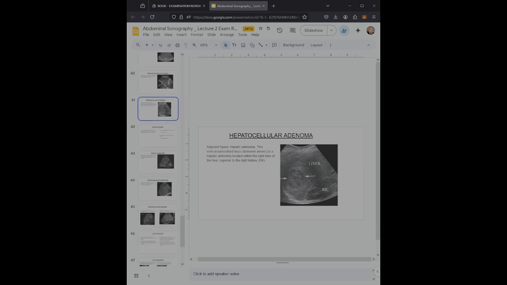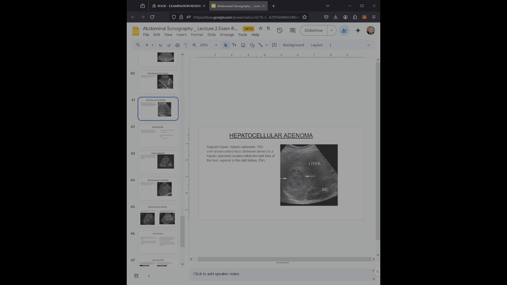Hepatocellular adenoma. And it is a rare benign liver tumor, once again often associated with the use of oral contraceptives. Patients are typically asymptomatic, and there may be multiple adenomas.